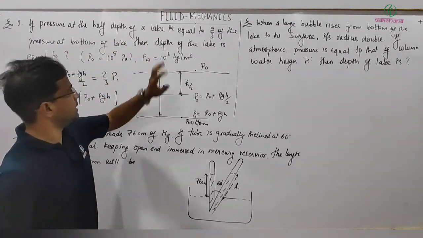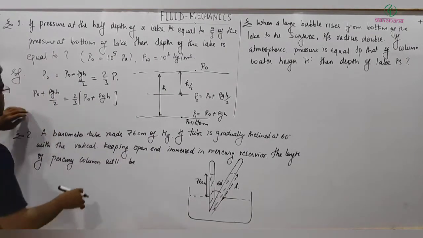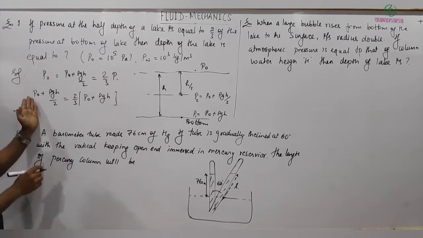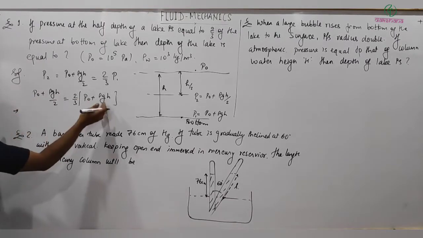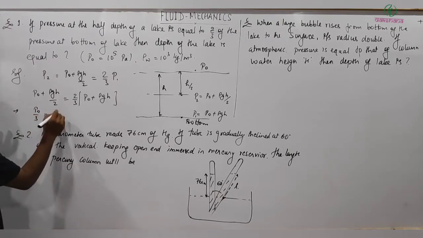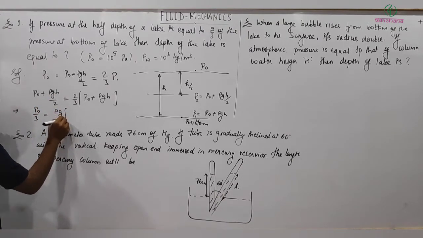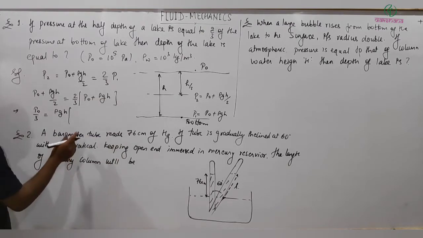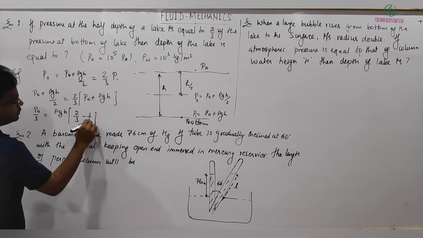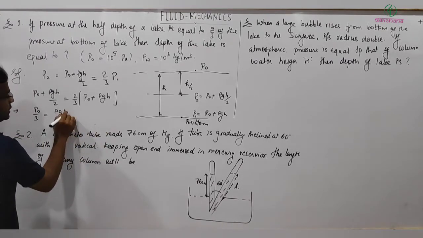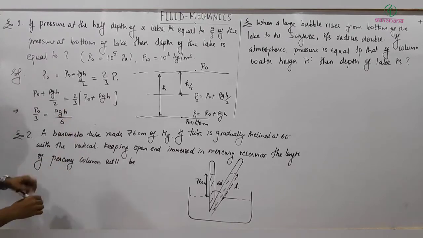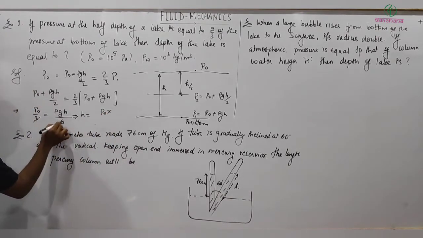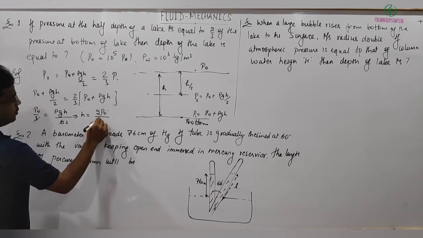We need to find h. Simplifying, taking the P naught terms to one side and the rho g h terms to the other, it will be P naught by 3 equals rho g h times (2/3 minus 1/2). 2/3 minus 1/2 is 4 minus 3, that is 1/6. So this implies h is equal to 2 P naught divided by rho into g.